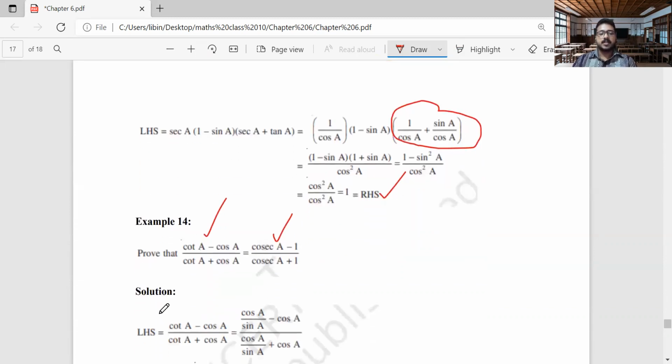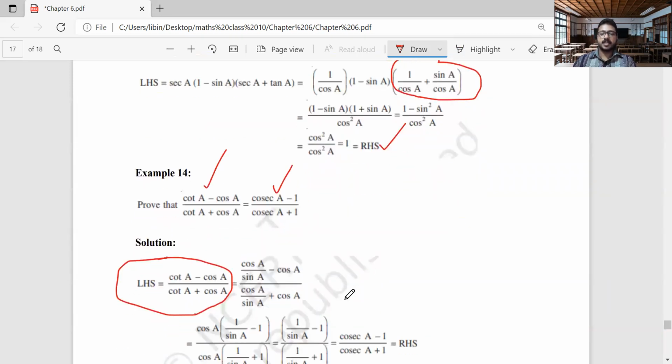Let us see. So we are taking LHS: cot a minus cos a divided by cot a plus cos a. Now instead of cot a, we can just write cos a divided by sin a minus cos a, the whole divided by, again, cos a divided by sin a plus cos a. Now what we are doing?